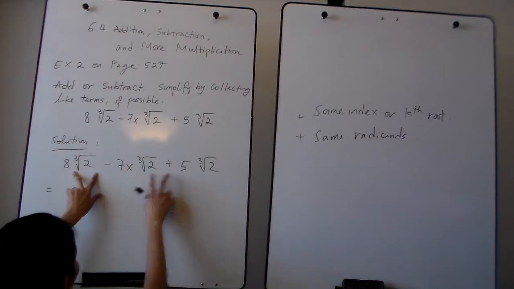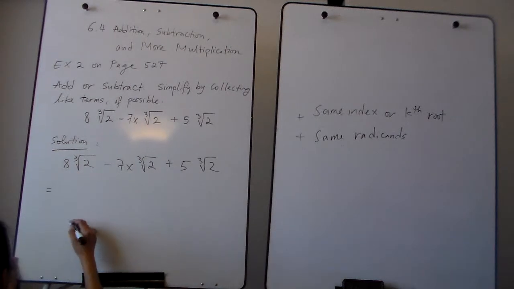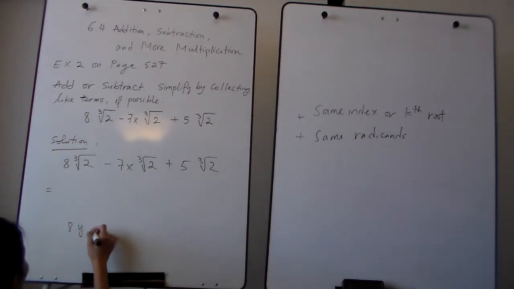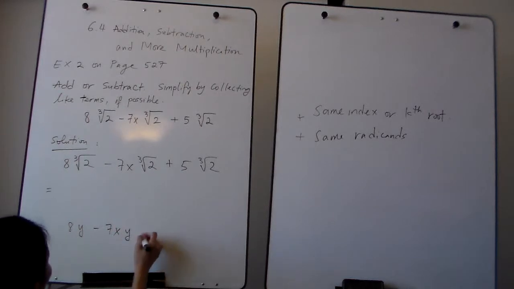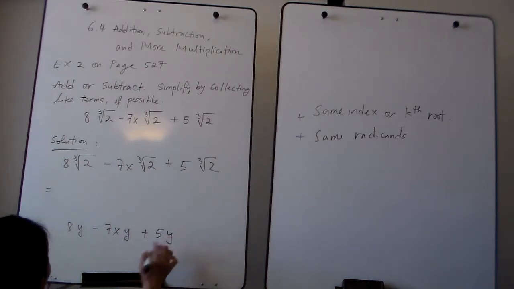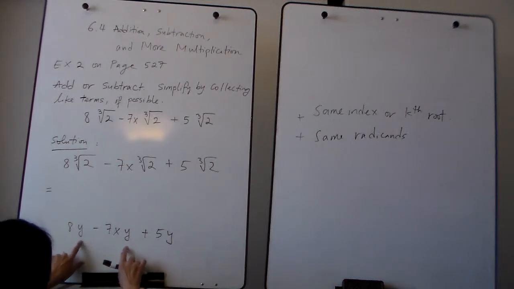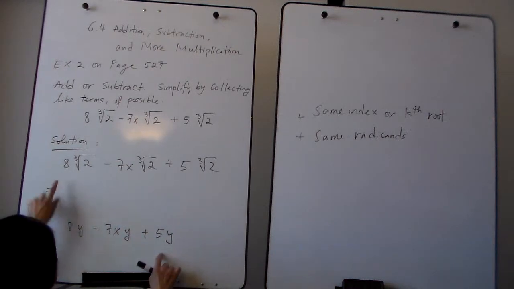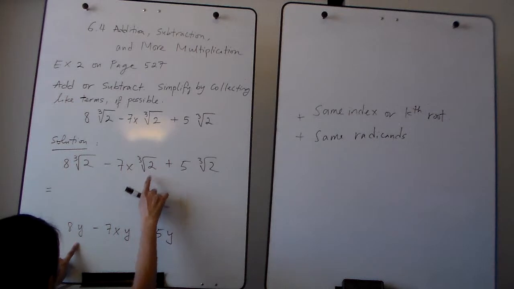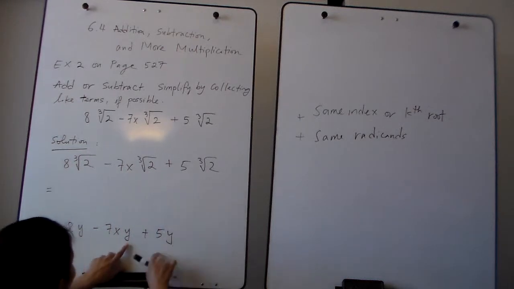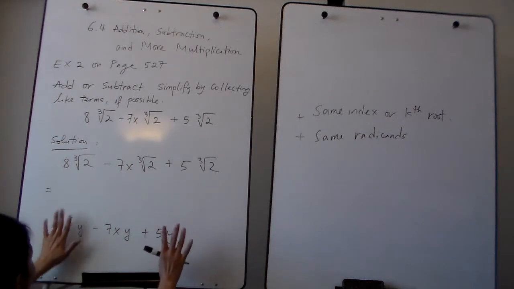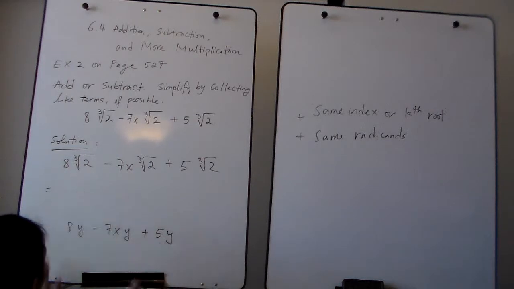Treat this as y, y, y. So how do you simplify a y minus 7x y plus 5y? Just treat this cube root of 2 as y. Imagine it's y. That's why I have a y minus 7x times y plus 5 times y. So I assume that cube root of 2 equals y.